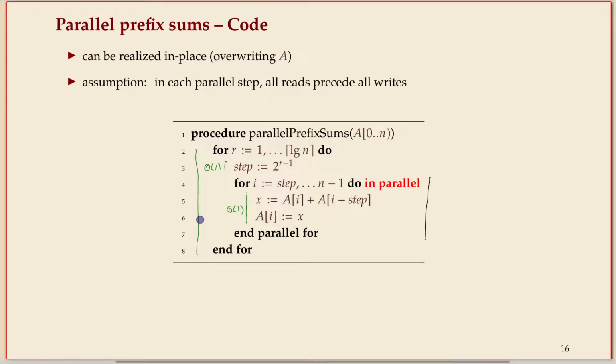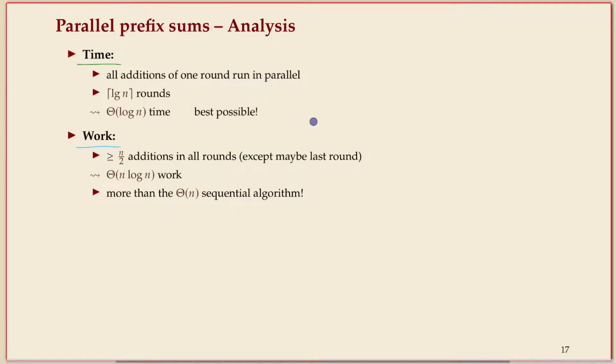So what does that mean for the overall loop? It's log n times constant. So we have log n overall. That's the time. Okay? It will turn out that this is basically best possible for this problem, at least for some of the parallel models.